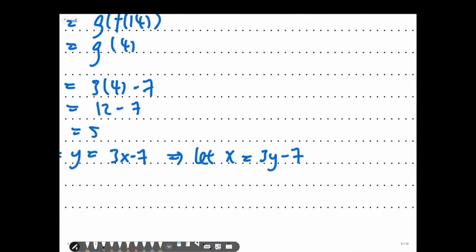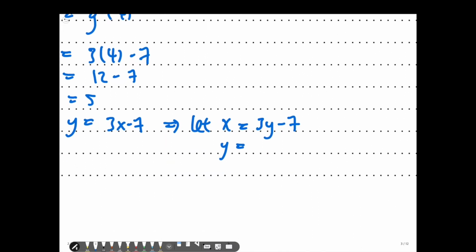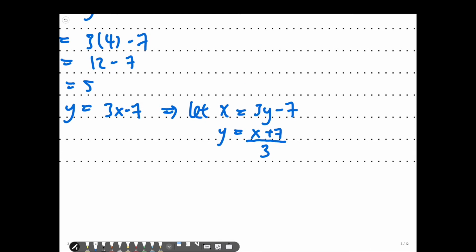Then I will change the subject so that y becomes the subject. So we have y equals x plus 7 over 3. And we now call that the inverse function of g, which is equal to x plus 7 over 3.